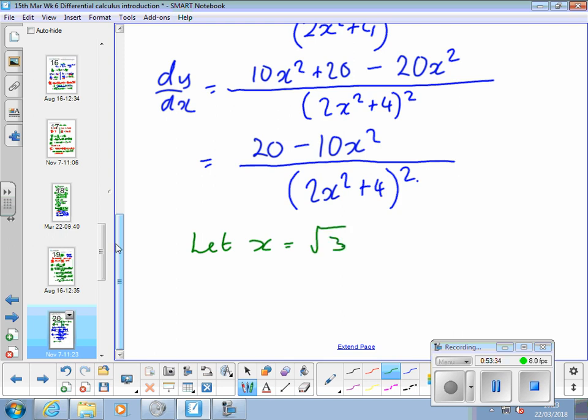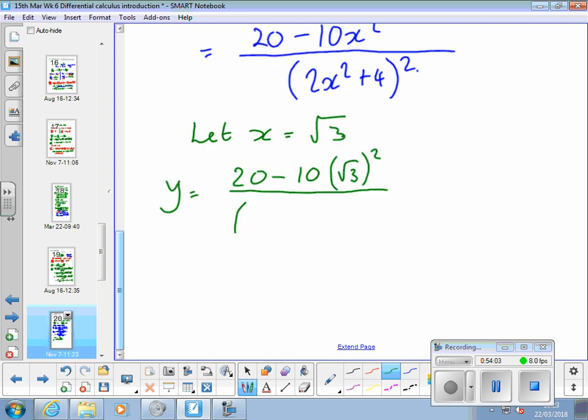So we need to insert root 3 in place of x in that formula. dy by dx equals 20 minus 10 times root 3 squared over 2 times root 3 squared plus 4 all squared.